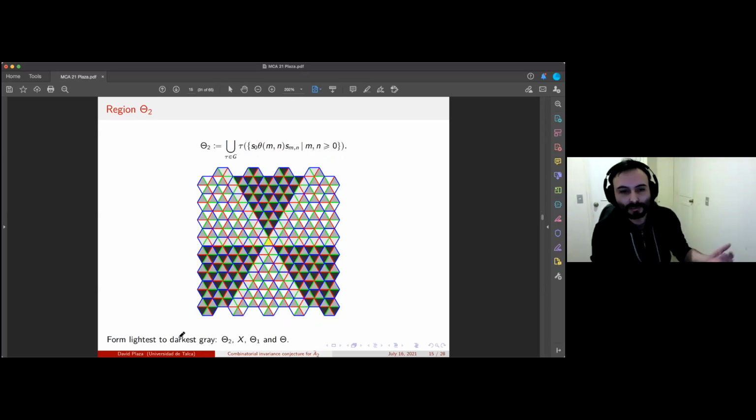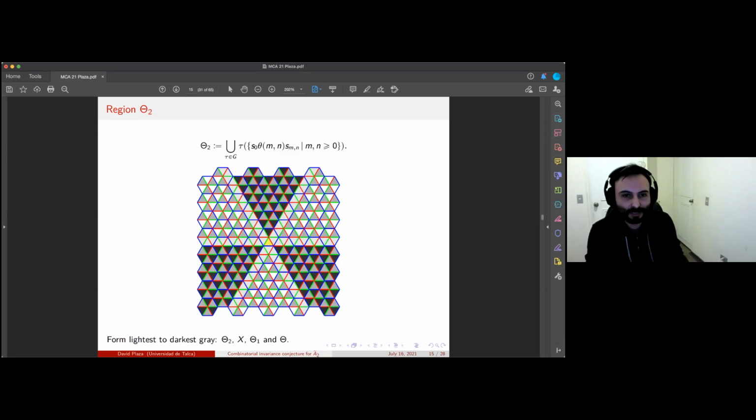So just to summarize, from lightest to darkest gray, we have region theta 2, x, theta 1, and theta, and the yellow triangle, the identity, doesn't belong to any region. Here, we are making the convention that the lightest gray is white and the darkest gray is black.